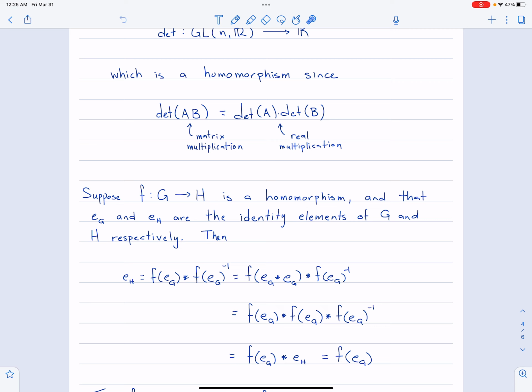If I look at the image f of e_G, so I take the identity element in the group G and plug it into f, that's going to give me some element of H, because that's where my function lands. That element of H is just the same thing as itself times e_H, right? Because when I multiply by e_H, it doesn't change anything. So this thing here is just equal to that, because e doesn't change anything.